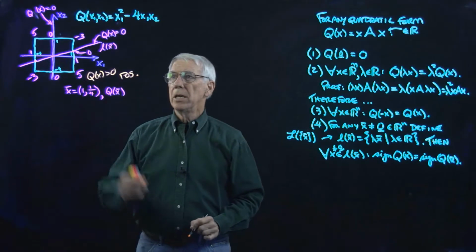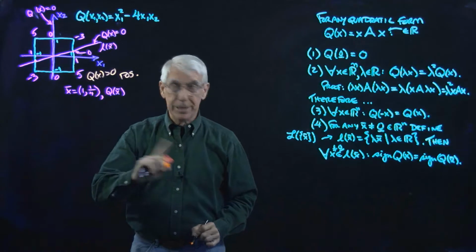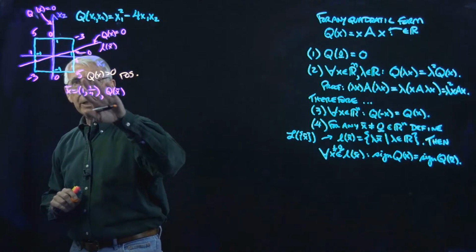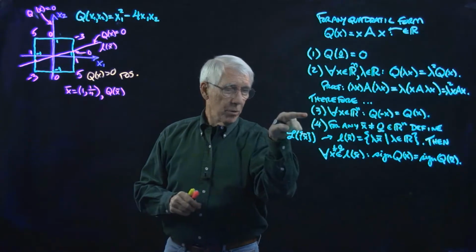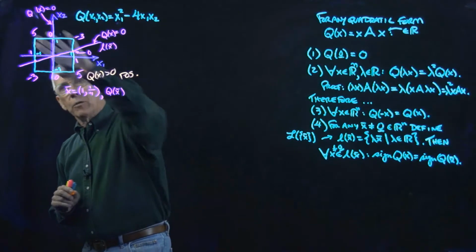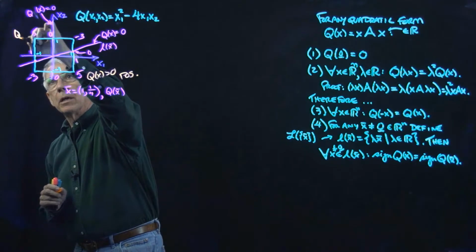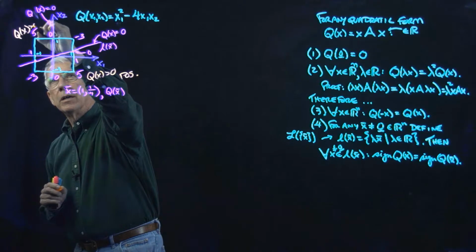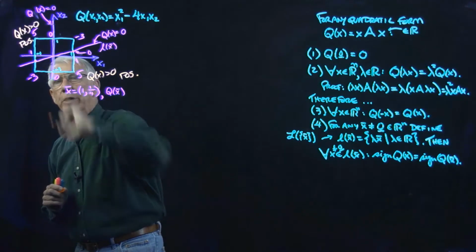Q is positive. Strictly positive if we're off the line, it turns out. And correspondingly, because of number 3, everything over here, we have Q of x is positive. This is a positive region.